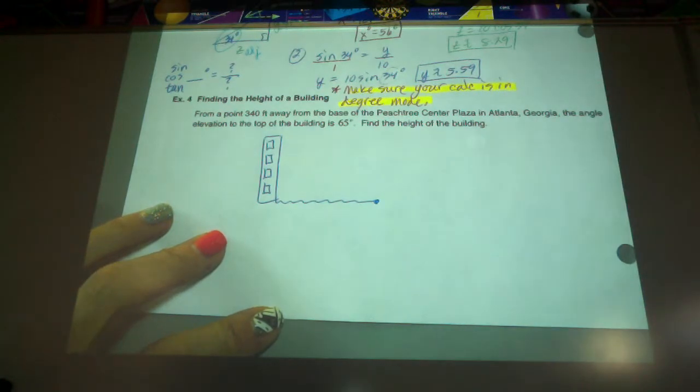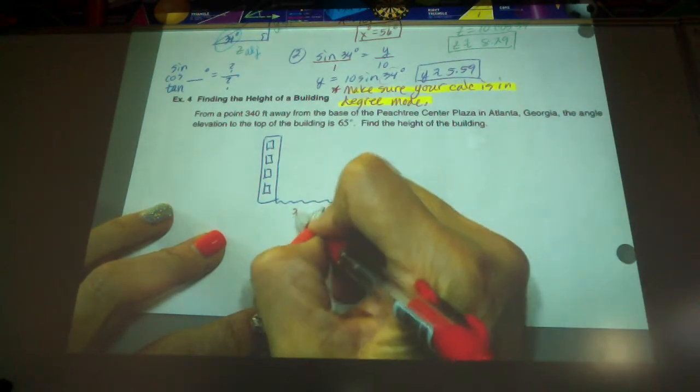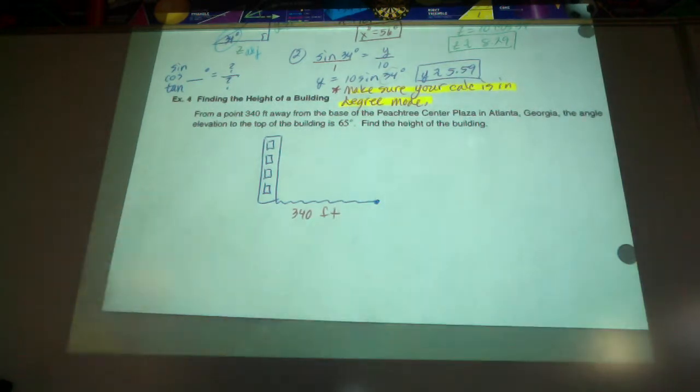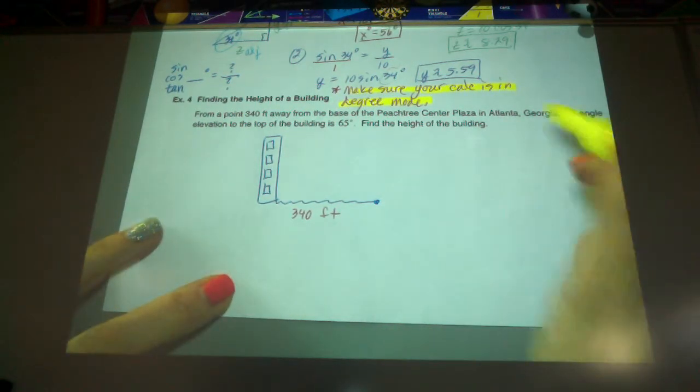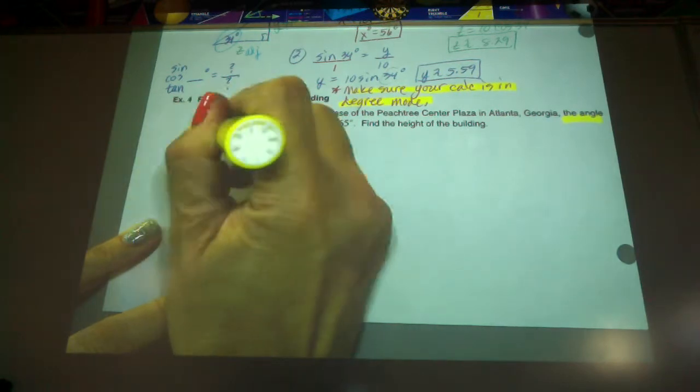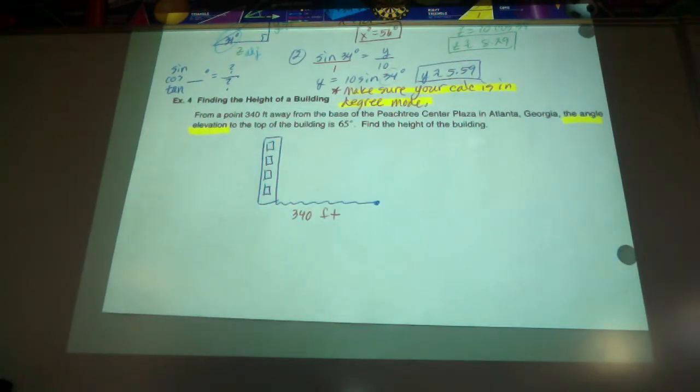And here's that point that's far away from the base of the building. So they said that my point is 340 feet away. That's where that distance is. And then it says the angle of elevation. They're describing to you the acute angle.